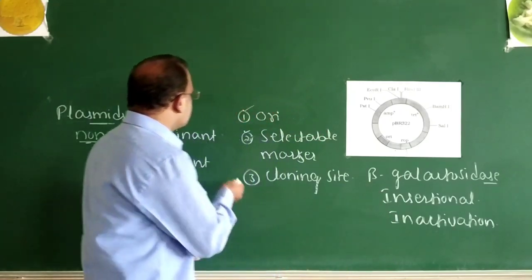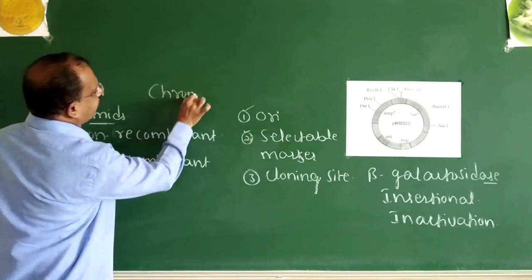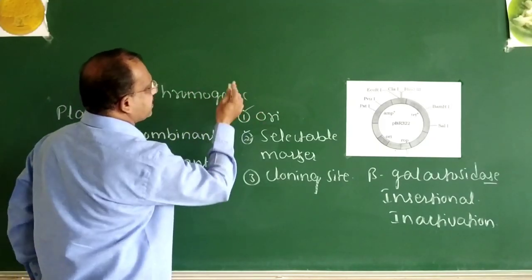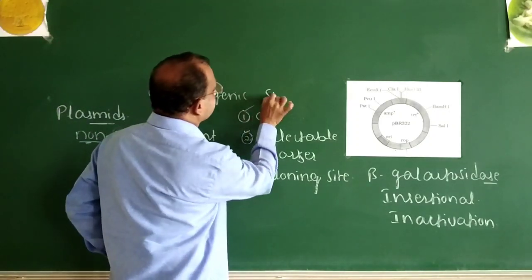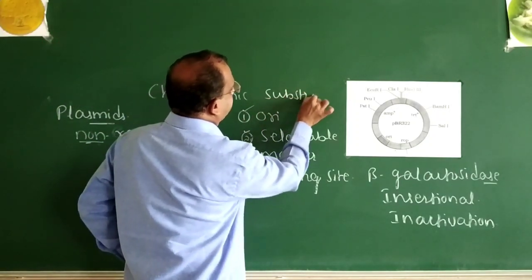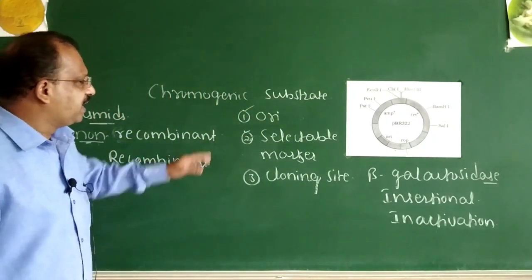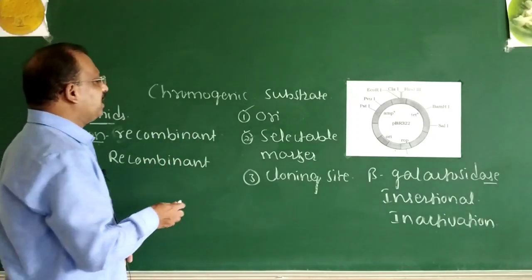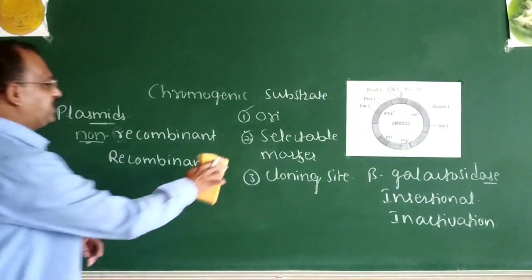As a result, the chromogenic substrate is not expressed in the colony, and the colony will appear colorless, or you can call it white.